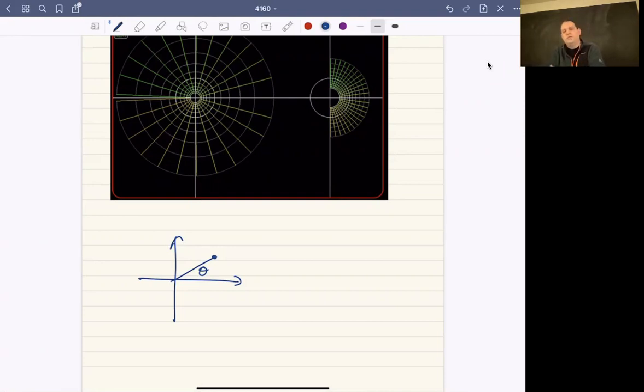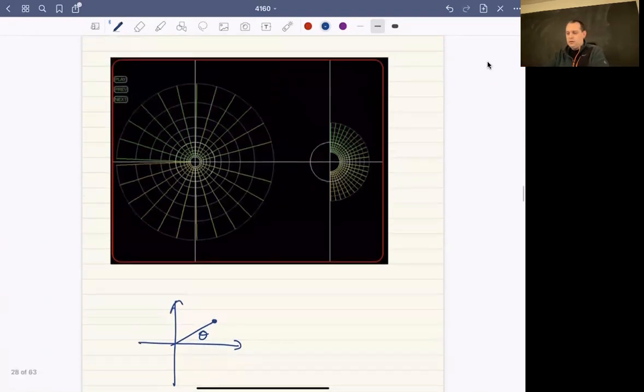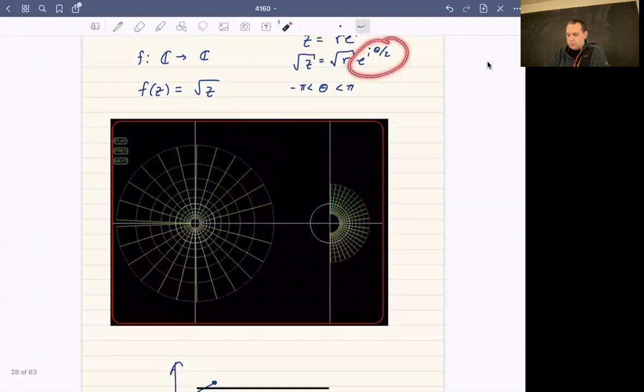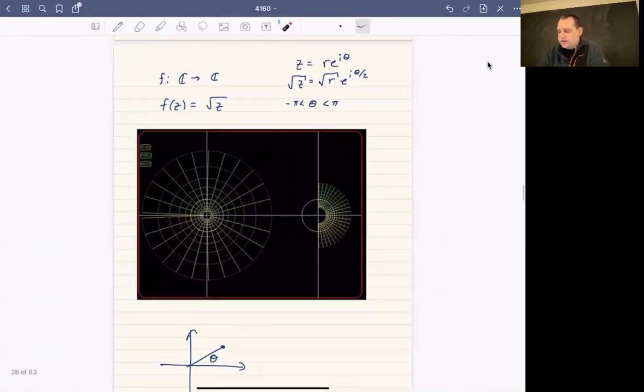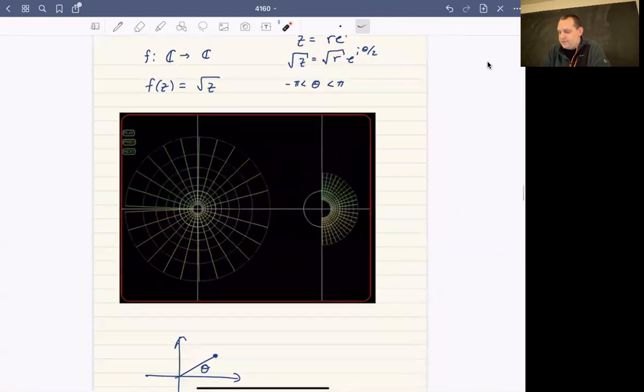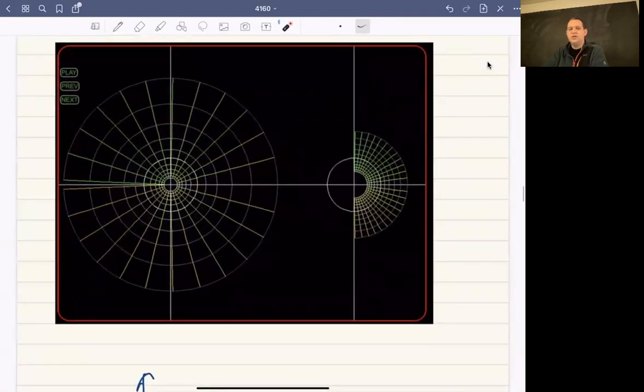So it stands to reason that if you were to take the square root, this is going the other way. You would take half of the angle, which is consistent with what we have, and then you would take the square root of the modulus. And that's why the square root of z is defined the way it is. So that undoes the geometric intuition of what happens when you square.